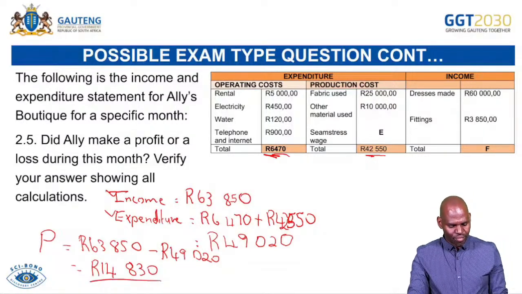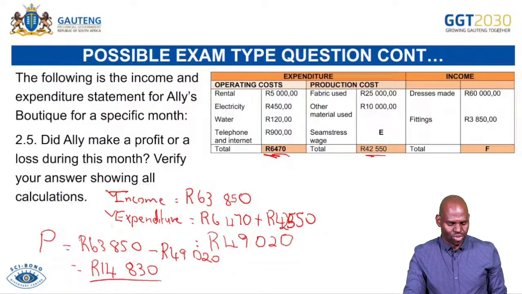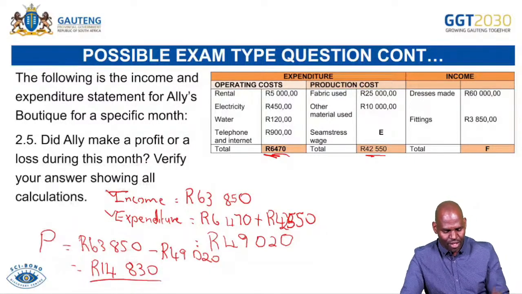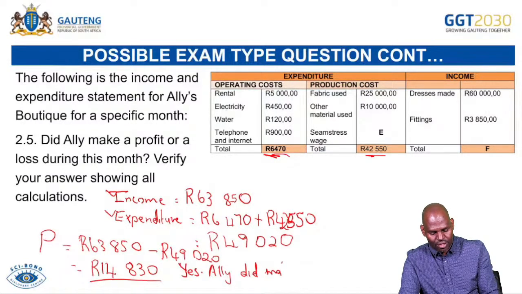Of course, did Ali make a profit or loss during this month? Verify your answer showing all calculations. So this one, we can say, yes, Ali did make a profit.